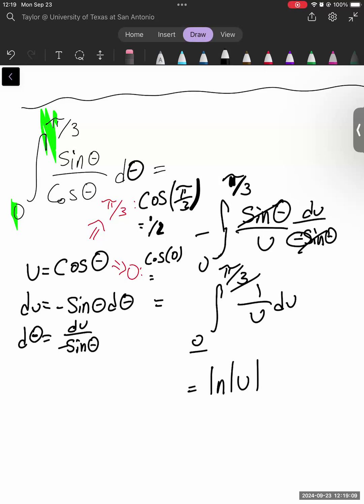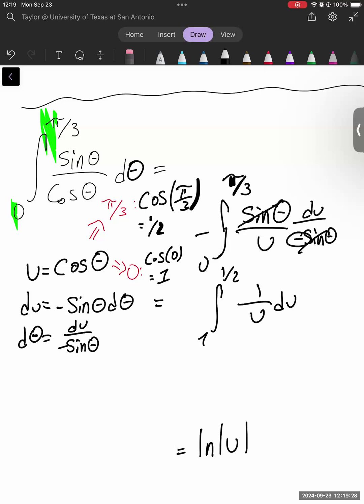Yep, perfect. I've got 1. All right, so let's think about this for a second, though. I'm going to take a step back. We already know what this integral is, so I'm just going to write it down here. But if we change our bounds, we get 1/2 and 1. Can we do this integral? Or what do we need to do in order to make our lives easier with this integral?